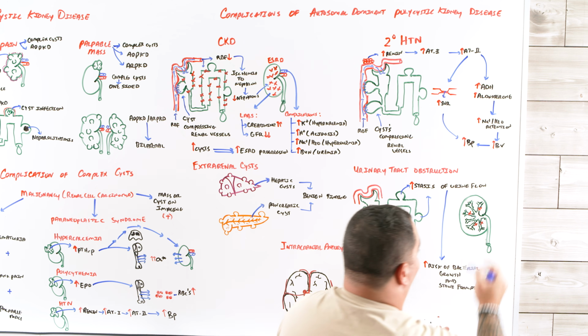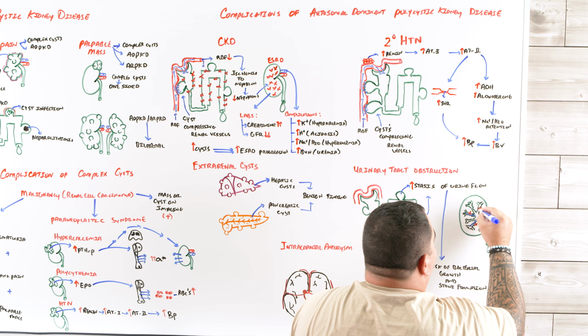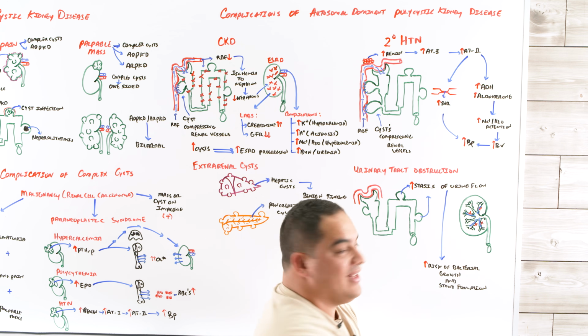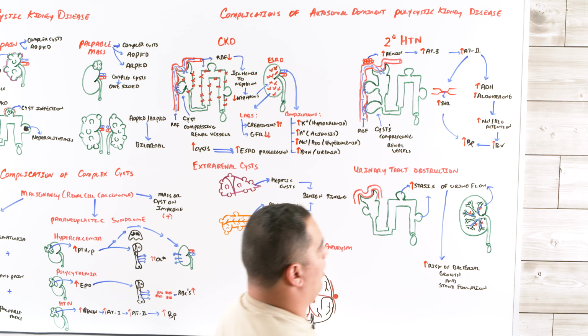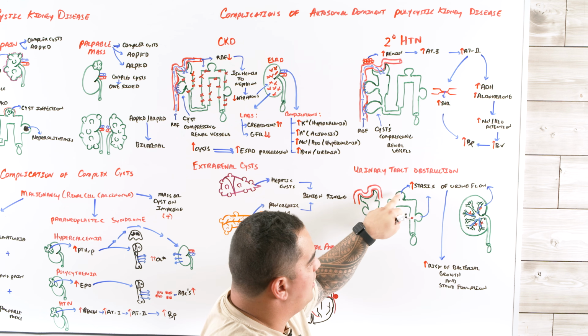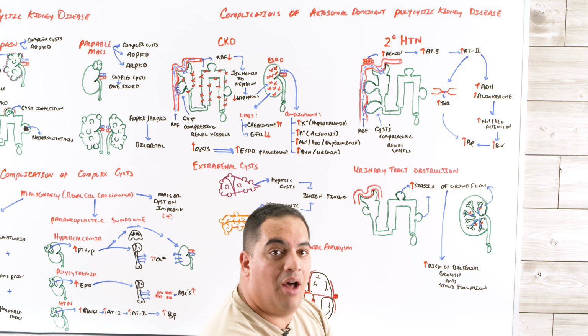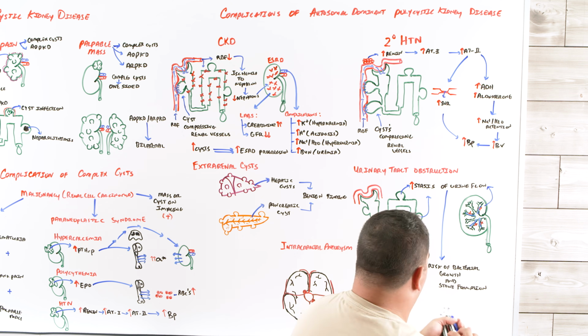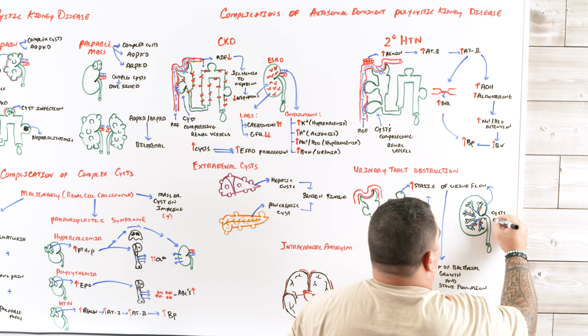It's supposed to flow in this direction, but you're basically blocking it by compressing on that system. And so that also is going to cause that stasis of urine flow. So you have the cysts themselves that can cause stasis of urinary filtrate, but the cysts are also compressing other collecting systems.